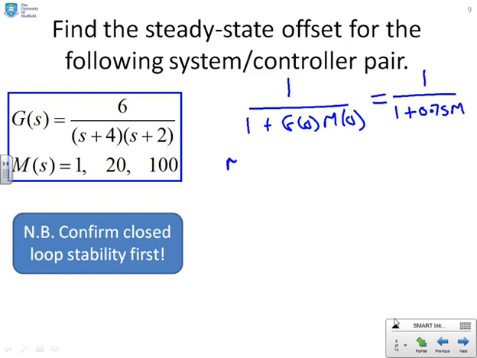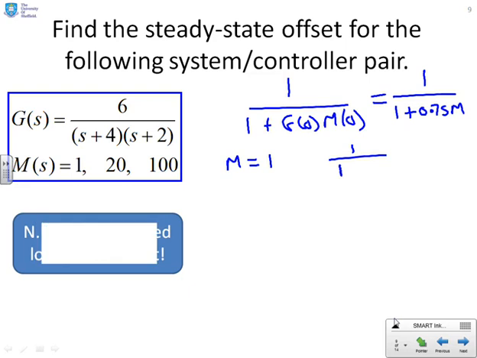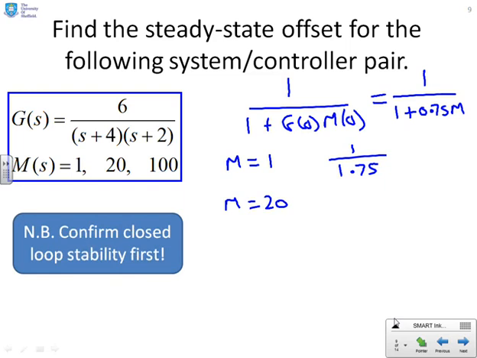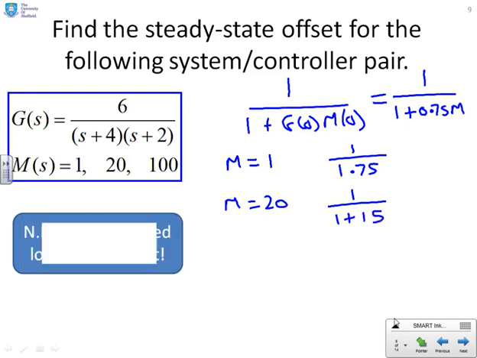So here, if I put M equals 1, I get 1 over 1.75. If I put M equals 20, I get 1 over, that's going to be 15, isn't it? 1 plus 15.